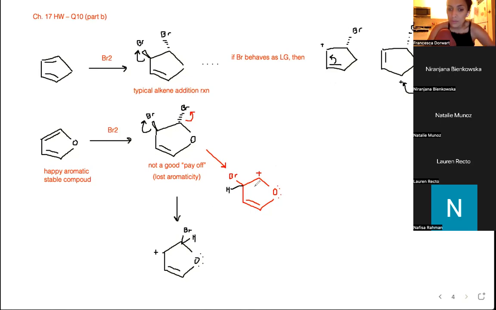Which of these two resonance structures is more stable? The one in red. So why the one in red? We certainly have the ability to do the lone pairs into the pi bond, right? So this is nice, we can do this.